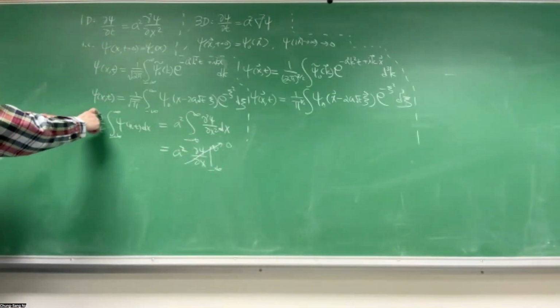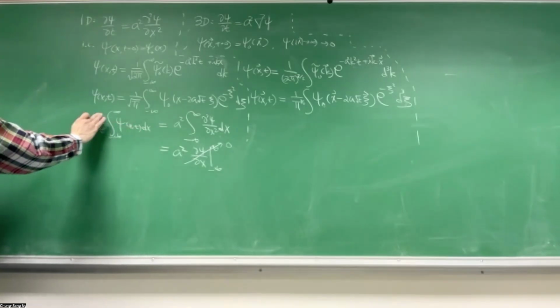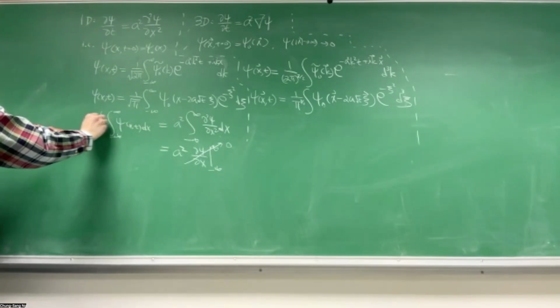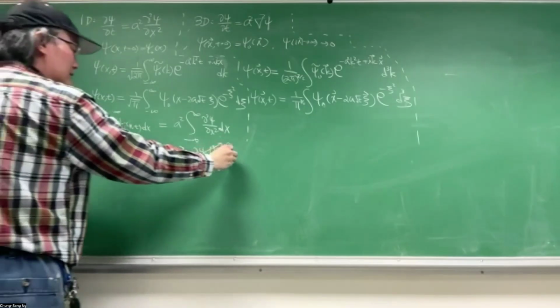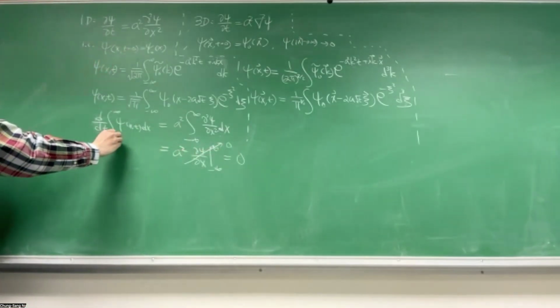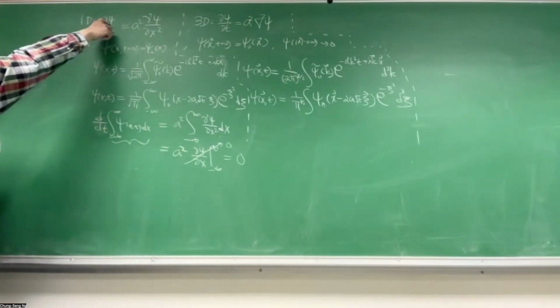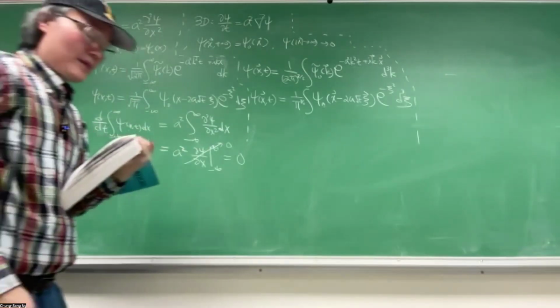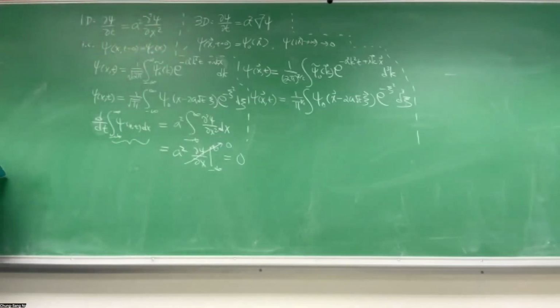And so d/dt of this, now you integrate that x out, so this becomes a total derivative. d/dt of this quantity is 0. Okay, it means that this is conserved. This is a conserved quantity. The integral of psi over the whole space is conserved. Okay, so that's one property of the diffusion equation.